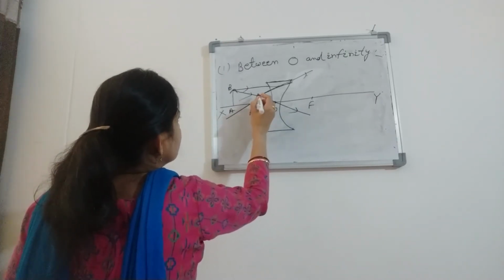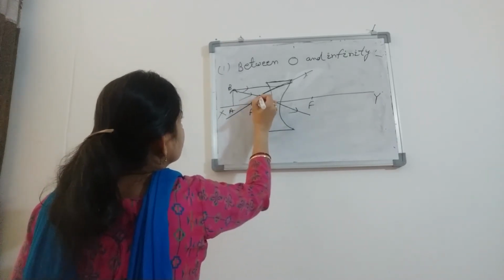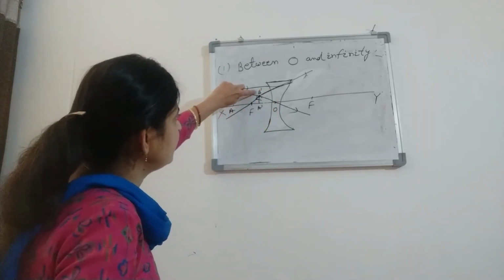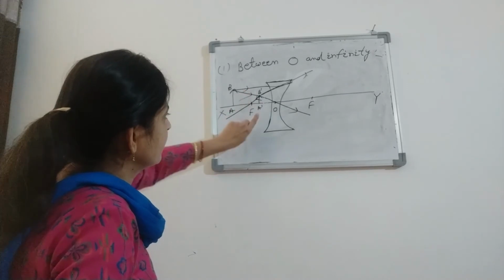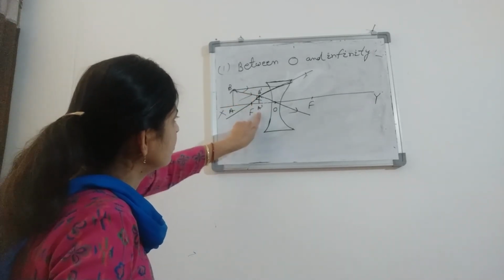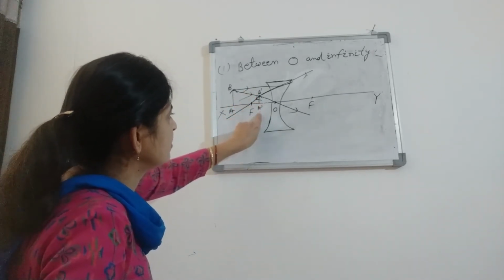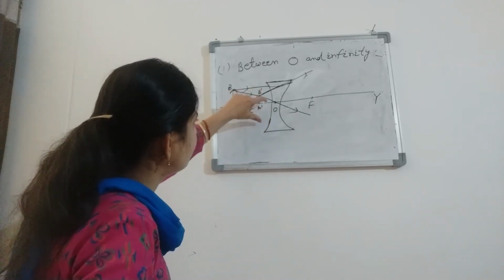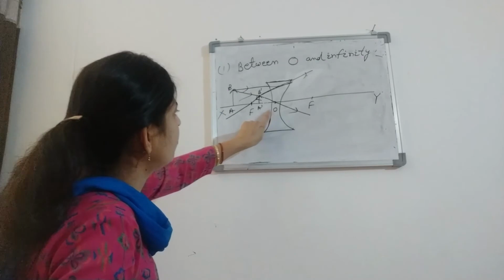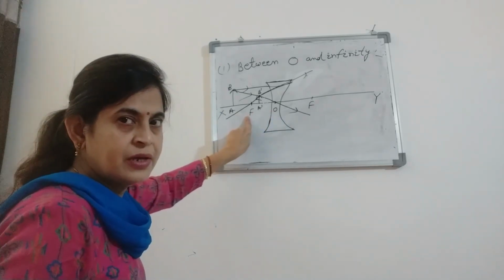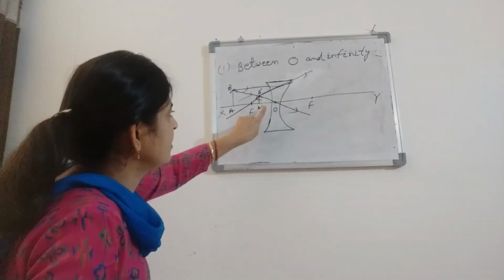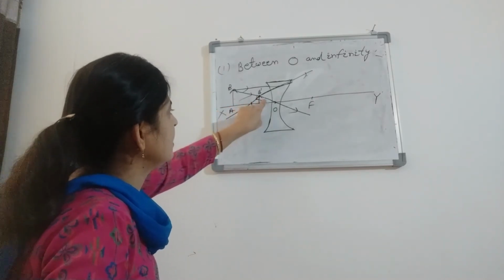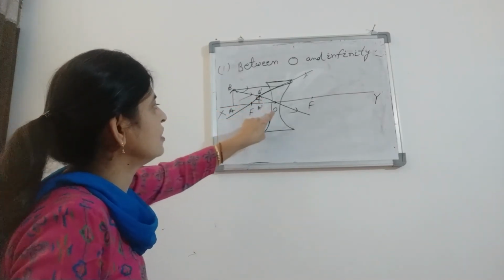That means suppose the point is A dash B dash. So A dash B dash is the position of the image. Or you can say that the image is formed between O and F. And from the diagram it is clear the object and the image both are found on the same side.